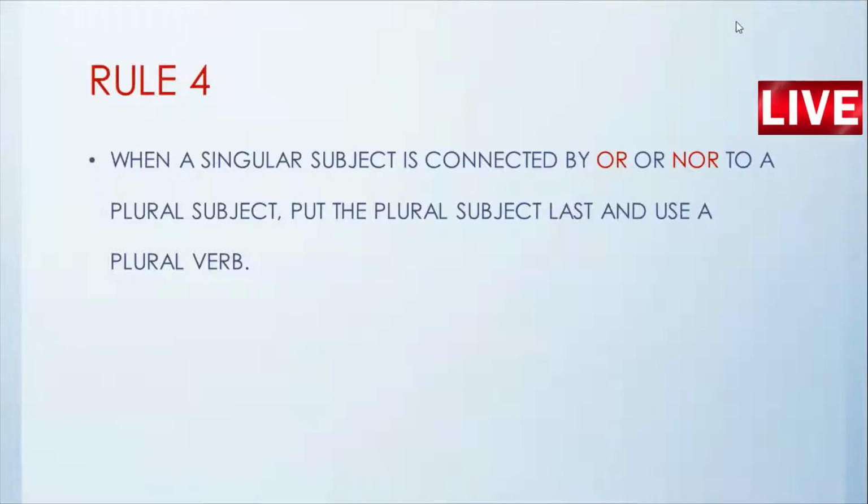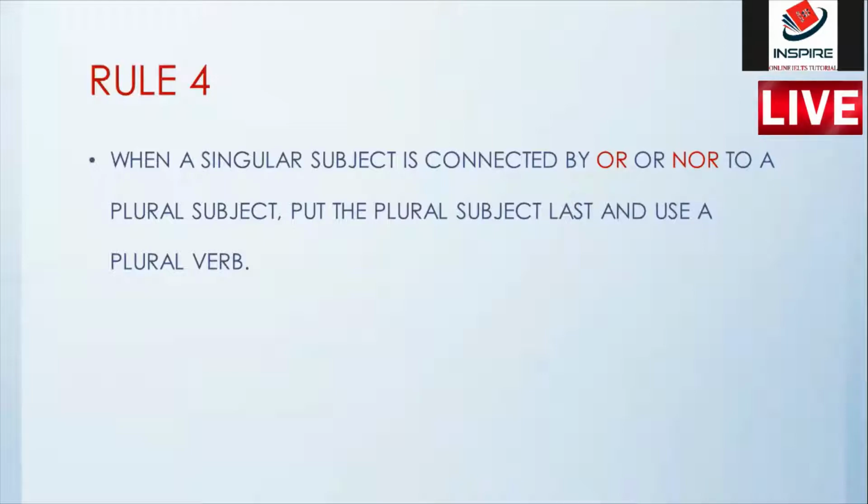So when a singular subject is connected by or nor to a plural subject, put the plural subject last and use a plural verb. When there is a singular subject connected to a plural subject using or nor, put the plural subject as the last subject and use a plural verb.